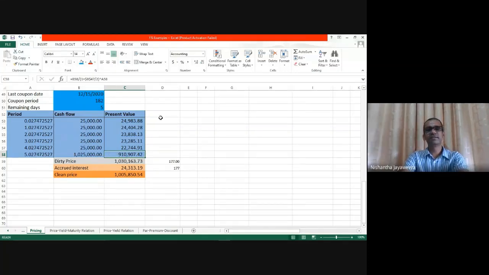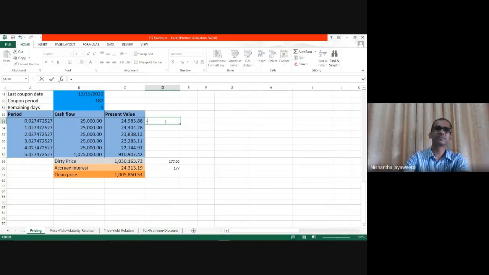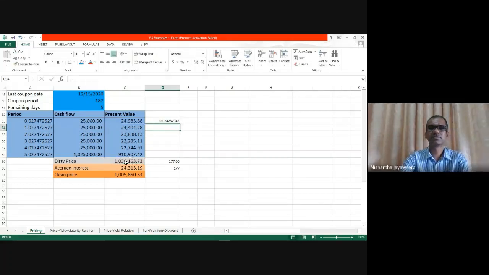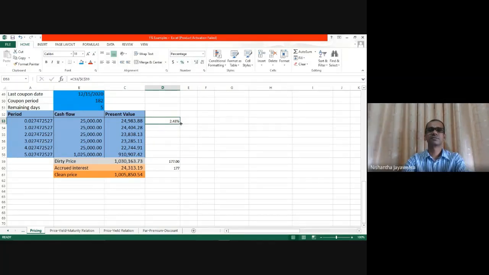But when the time to maturity decreases, out of all this cash flow, what is the weight here? Present value: 2.43, 2.43, like that. But at the end, you get 88.42.